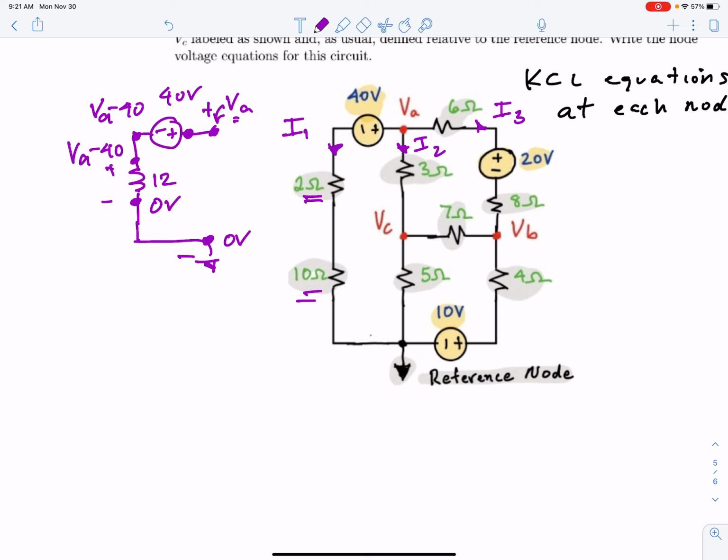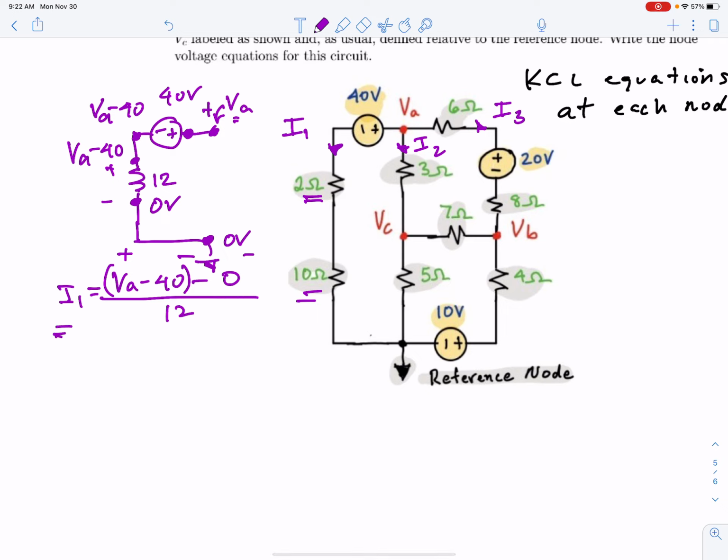I always use a passive sign convention for a resistor. That would mean I1 is the plus, VA minus 40, minus the minus, 0. I wrote down the minus 0, even though that's kind of trivial. You don't have to write that, but you get the idea. Then I divide by 12.